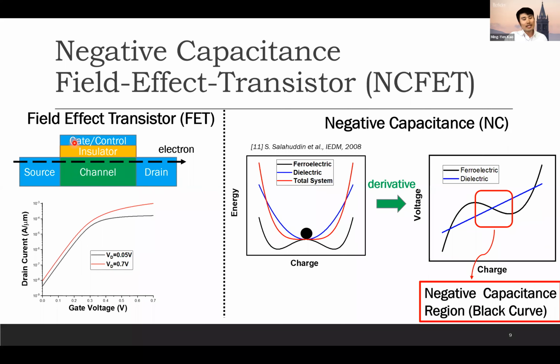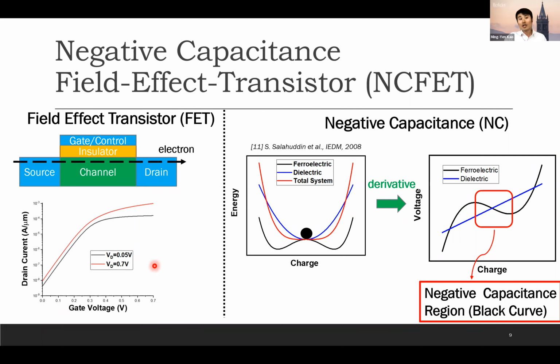If the gate control is off, for example in the bottom left figure, the drain current flows through here, and the gate voltage is the bias of this gate control. At the off state, this gate voltage is equal to 0, and you can see the current is orders of magnitude lower than the on current, which is the current here. So it's like a switch, basically.